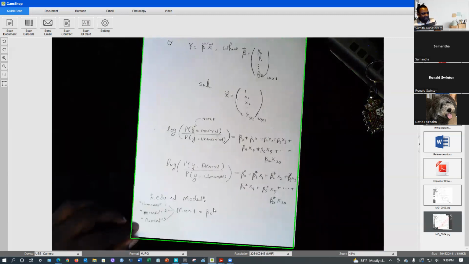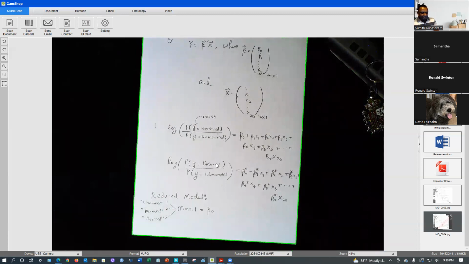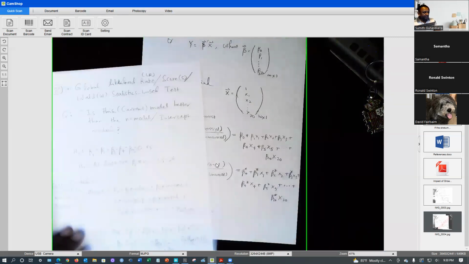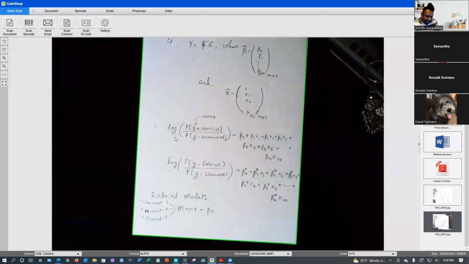Then your reduced model would be what? Can you remember in the beginning what we did, I set up, I'm sorry, not 5, all the way to 20 equals 0 at least.